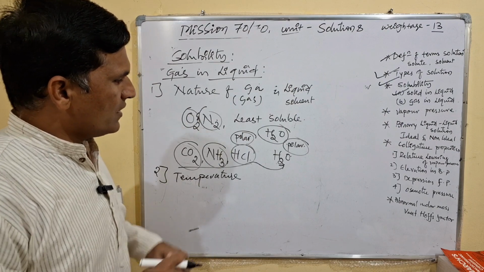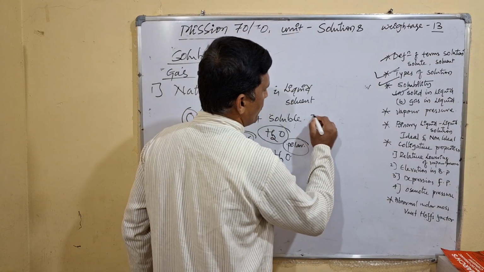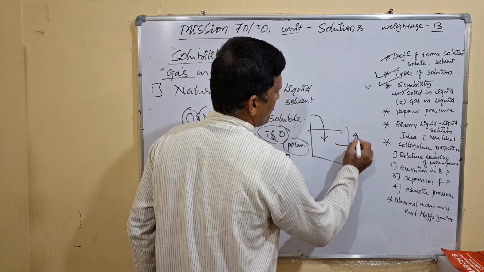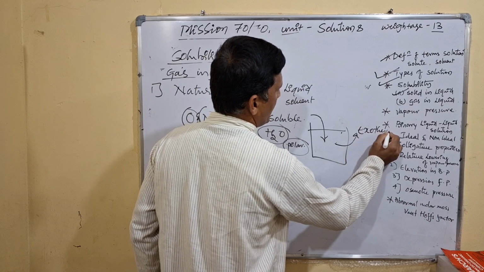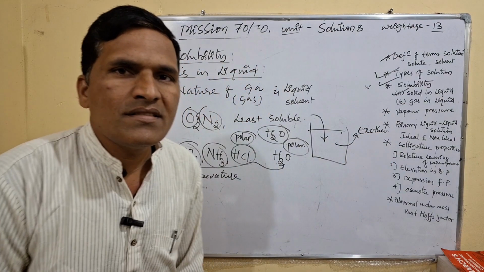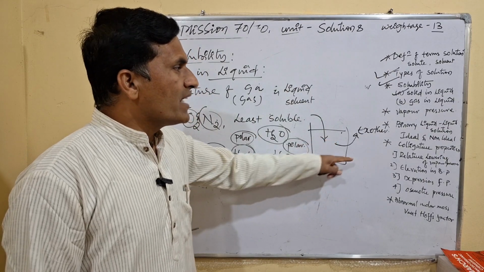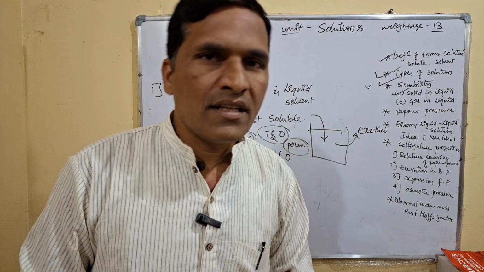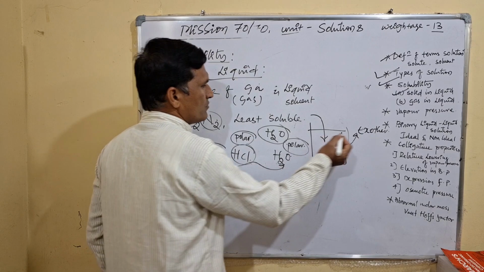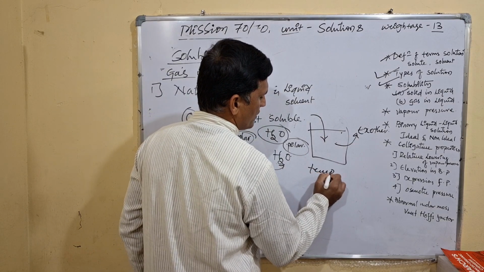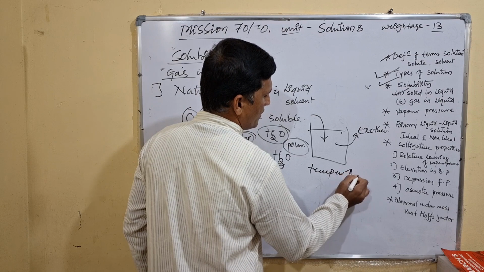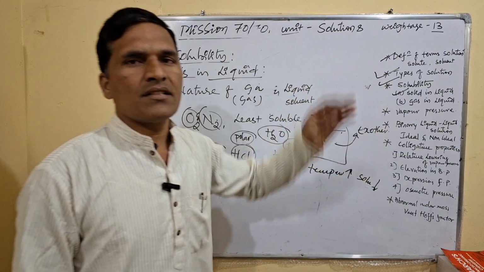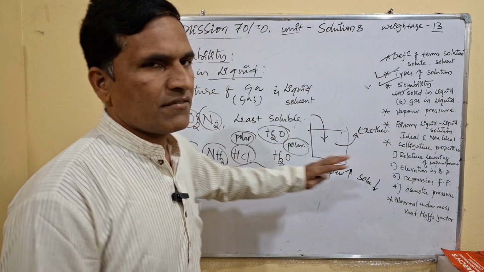Generally, when you dissolve a gas in water, the process is exothermic, meaning the enthalpy of mixing is always less than 0. So by increasing the temperature there will be a decrease in dissolution of gas in a given liquid. Thus, rising the temperature, solubility decreases. By decreasing the temperature, we can enhance the solubility of the gas. So that is how the temperature factor can be explained.